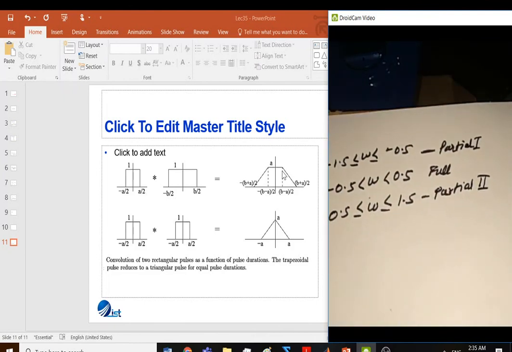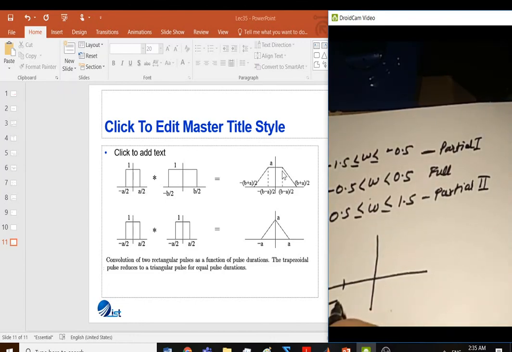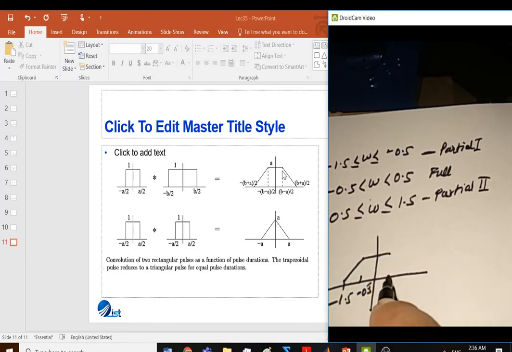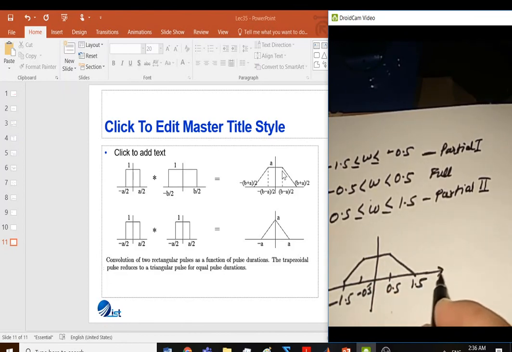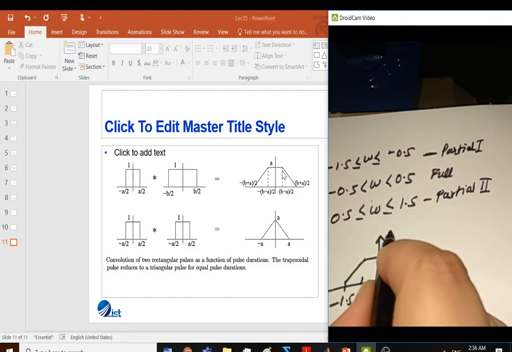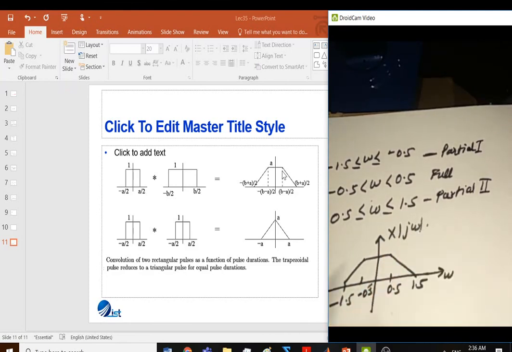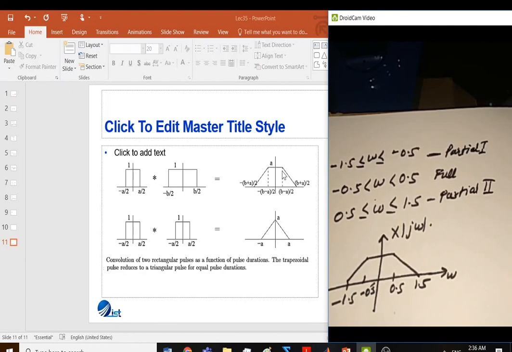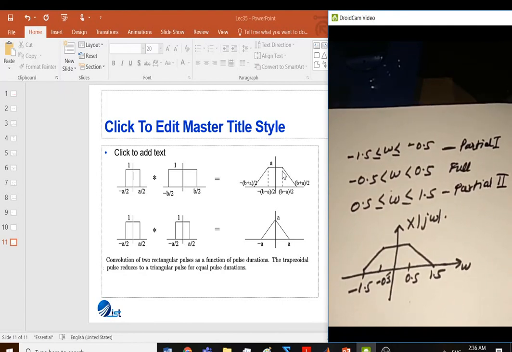So when we plot this, it starts from minus 1.5 till minus 0.5, it increases, till 0.5 it remains constant, and till 1.5 it will decrease. Now I leave it to you to see whether the Fourier transform forms this waveform or not by writing integral equations and solving those integrals.